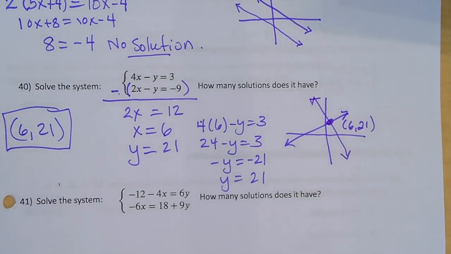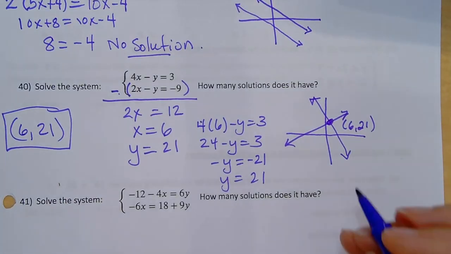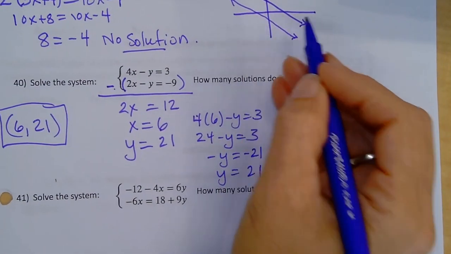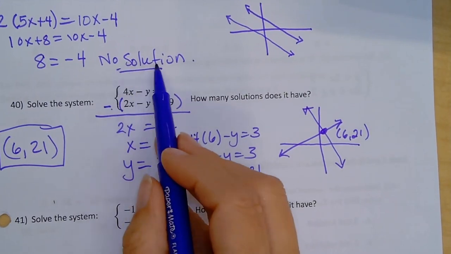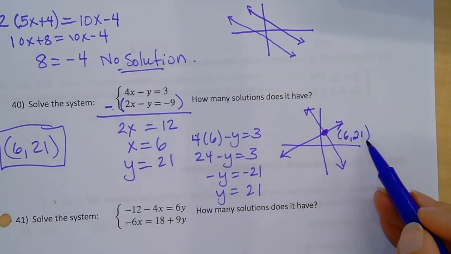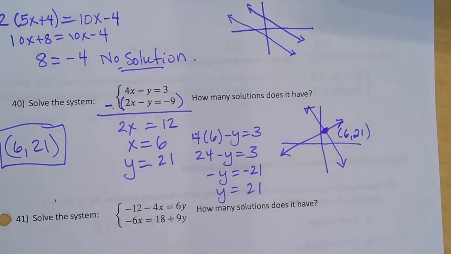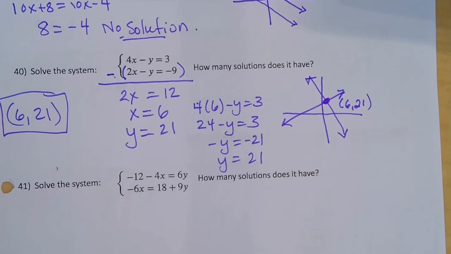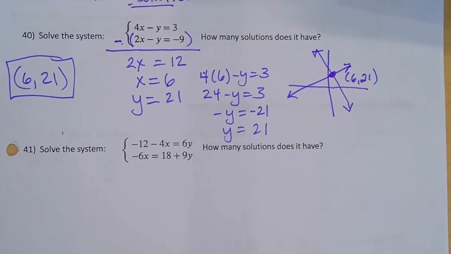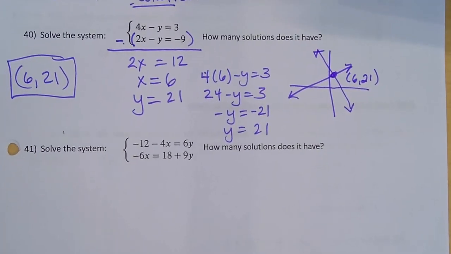I don't know where those two lines would be in Desmos, but a solution to a system of equations is a single point. If your lines are parallel and you have no point, you have no solution. If you have one single point, you have one single solution that has an x and a y that works for both. And the other option is you can have them be the same exact line, and then you would have an infinite number of solutions. No matter what x and y combo you put in, if it works for one, it works for the other.